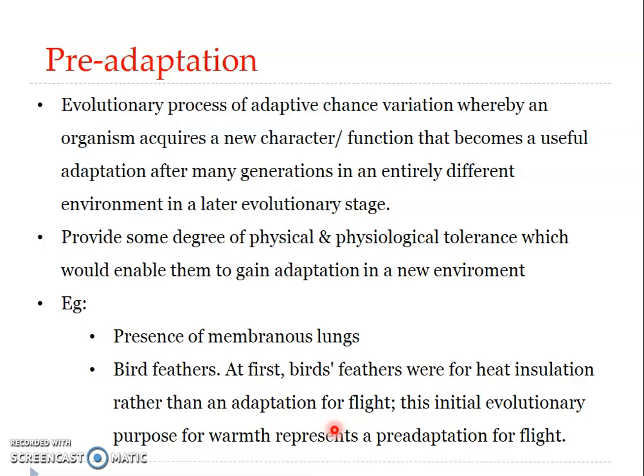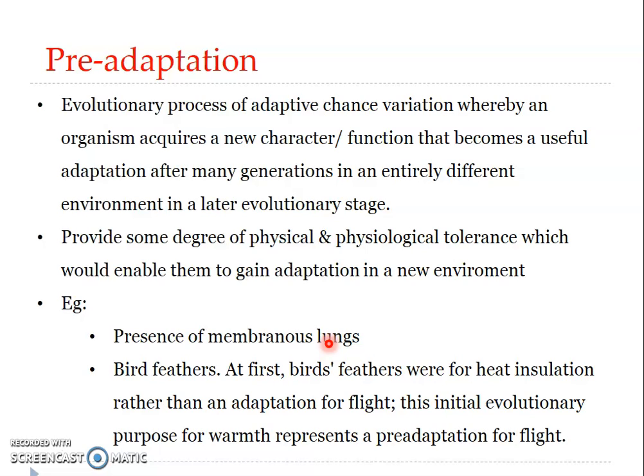The best examples are bird feathers, and the presence of membranous lungs, internal nostrils, the air gulping habit, fleshy and lobular lateral fins in crossopterygians. All these are examples.